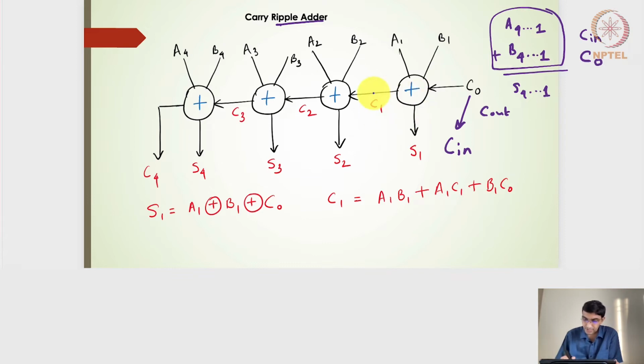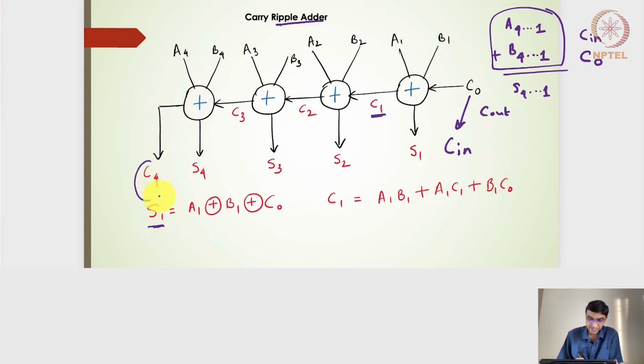This C0, along with A1 and B1, defines S1. So S1 is defined as A1 XOR B1 XOR C0. The C1, the carry generated by this first bit of addition, is then supplied to the second bit of addition. Similarly, C2 is supplied to the third bit, and C3 is supplied to the fourth bit addition.